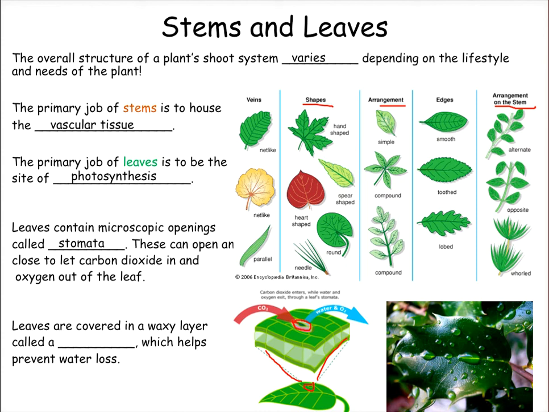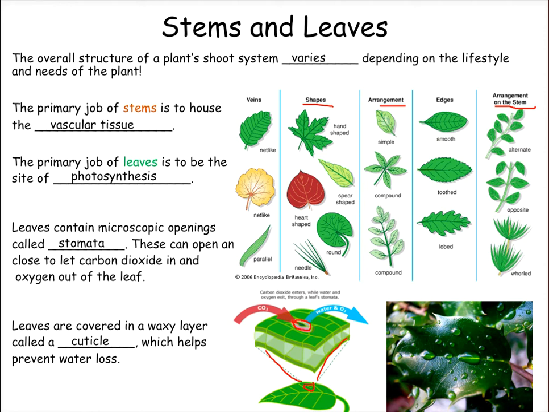A final important feature of leaves is that they're covered in a waxy layer called a cuticle. And this is another one of those adaptations for living on land. Because the water is stored inside the plant, we need to have a way to make sure that that water doesn't evaporate and leave the plant too quickly. And so covering it in a cuticle or a waxy layer will help keep all of that water inside the plant.